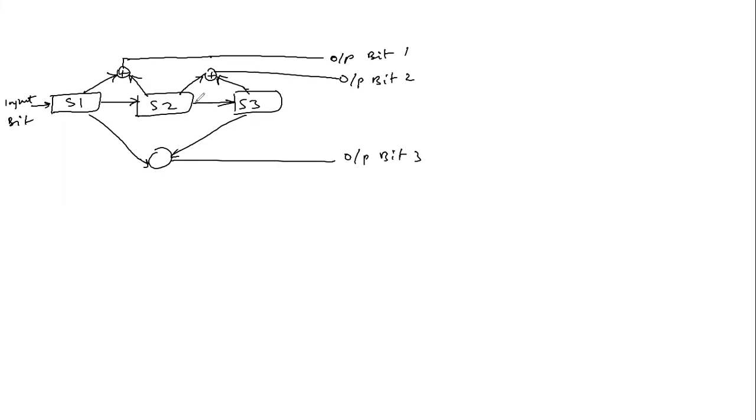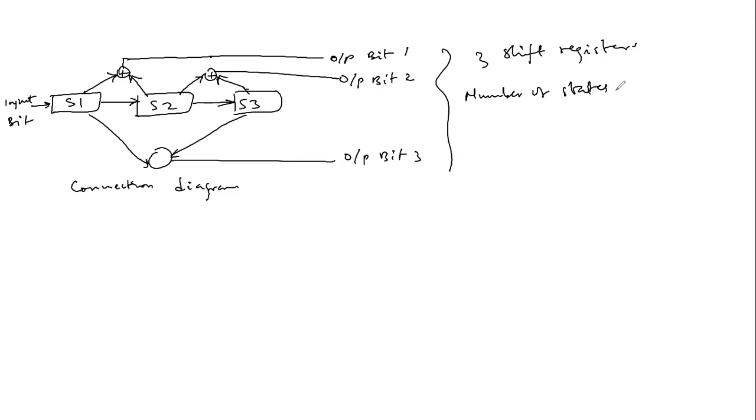Now, should we have this connection diagram, here we have 3 shift registers, and as such, the number of states is the same as 2 to the power of n minus 1, where n is 3, so that's 2 to the power of 3 minus 1. So that will give us 2 to the power of 2, that's 4 states. We have 4 possible states.